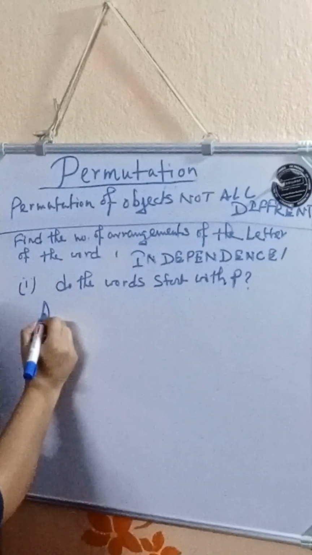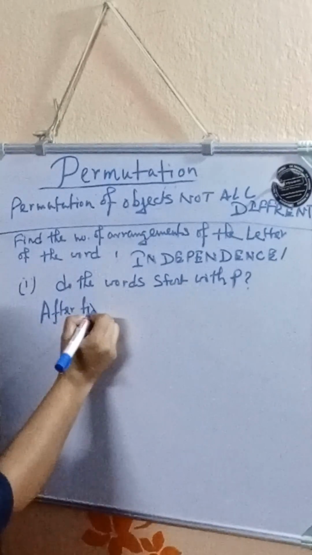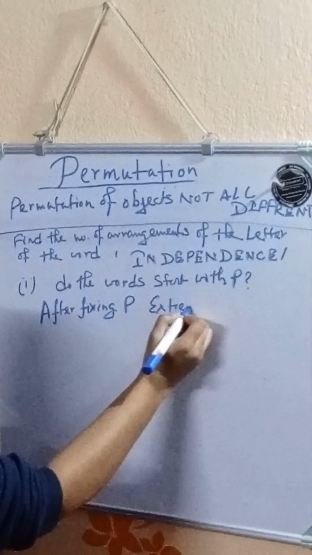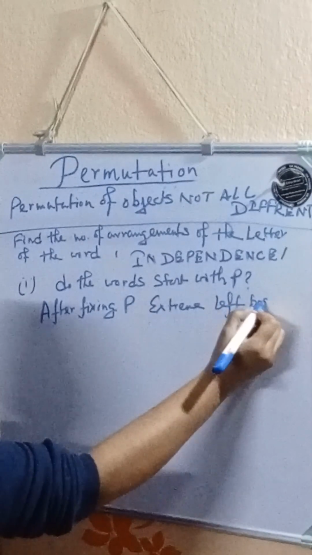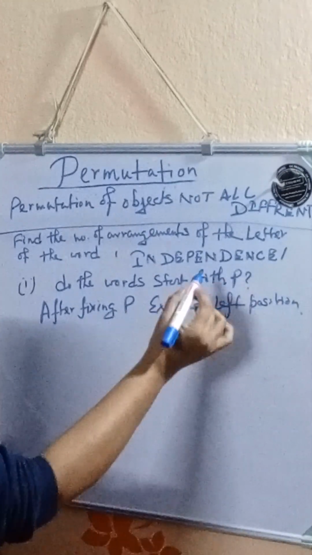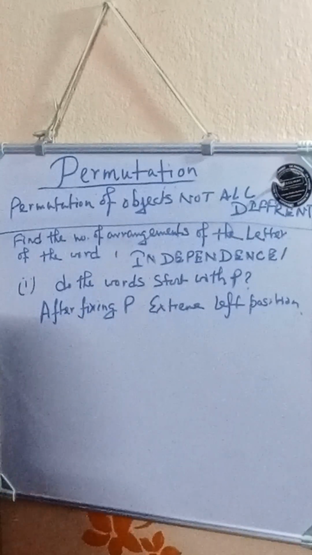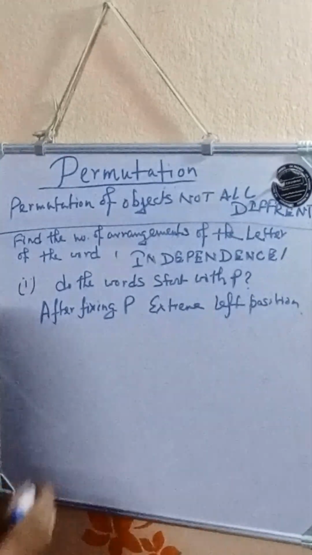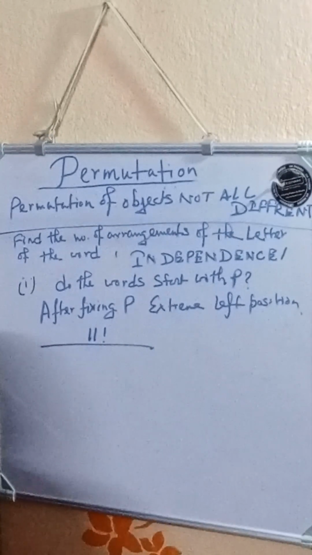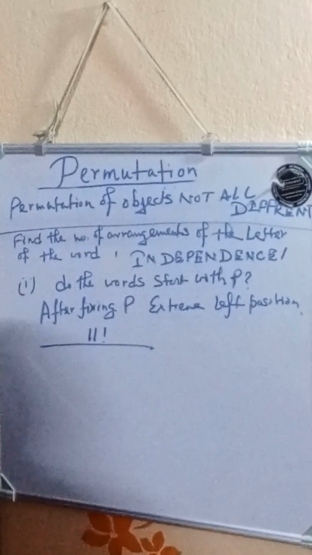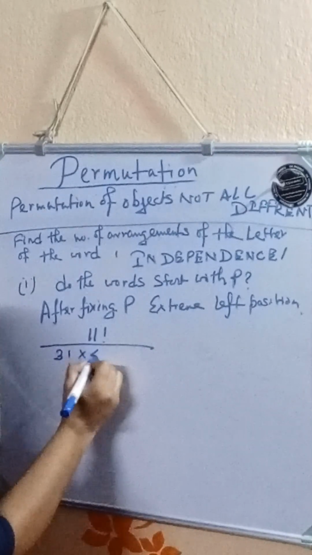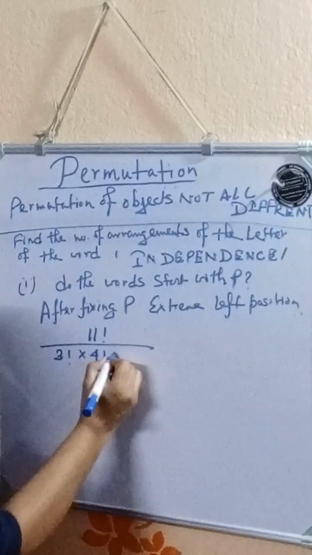After fixing P at the extreme left position, the remaining 11 letters can be arranged in factorial 11 ways, in which there are 3 N's, 4 E's and 2 D's.